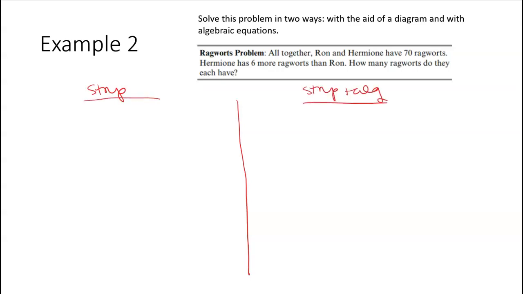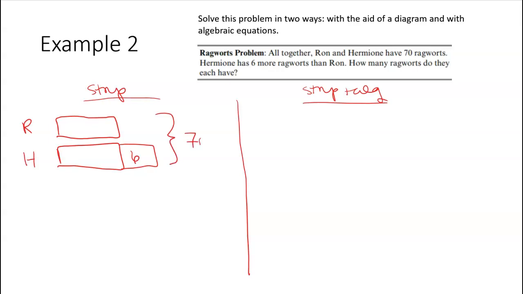All right. So altogether, Ron and Hermione have 70 ragworts. Hermione has 6 more than Ron. How many do they each have? All right, so with the strip diagram, we have Ron and Hermione. Now, Hermione has 6 more than Ron. So if this is Ron's strip, Hermione has the exact same amount, but 6 more. And altogether, they have 70.